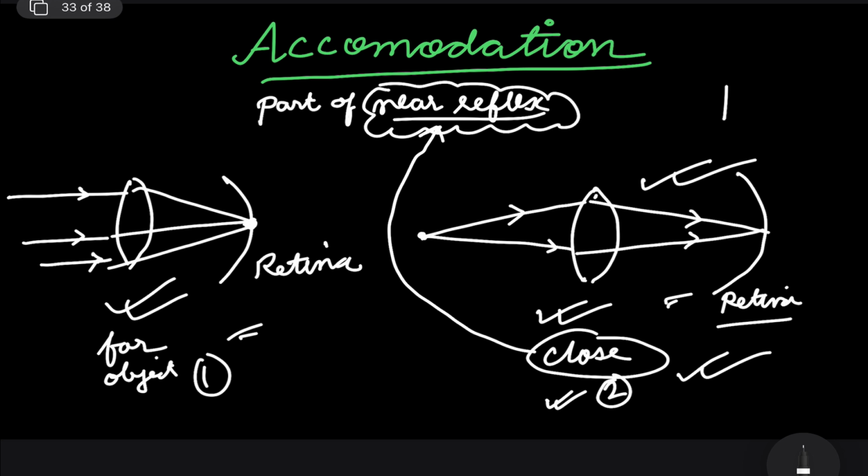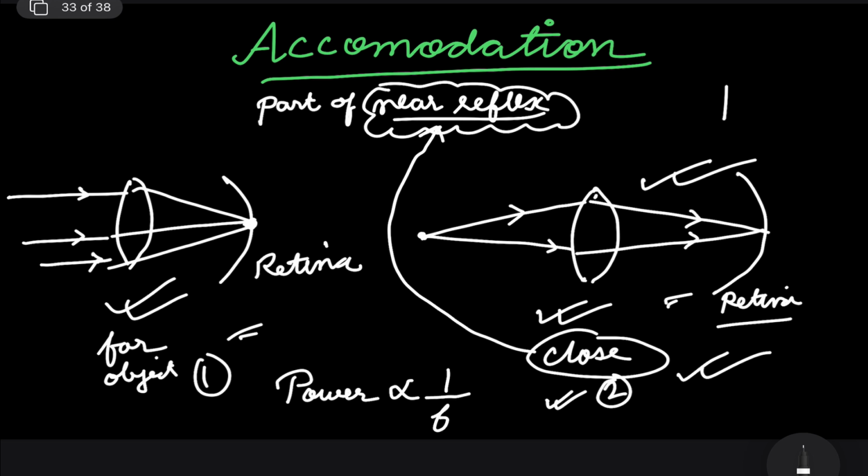Okay, so basically what I'm trying to explain over here is the fact that the power of the lens needs to change. Now that we have established the fact that power of the lens needs to change to focus objects at different distances onto the retina, now we need to understand the very fact that we have learned something in our physics days.